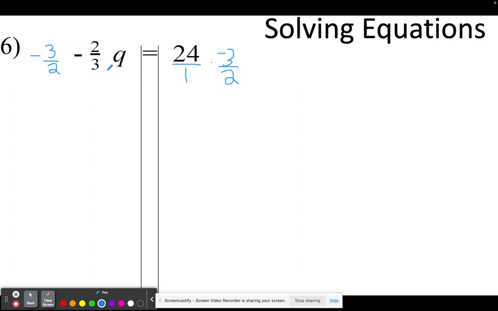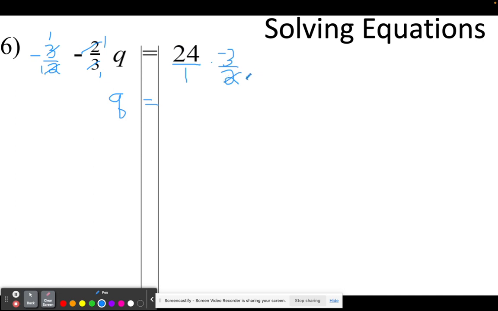Again, negative times negative will give me a positive. My 2's will cancel out. When I simplify, my 3's will also cancel to a 1. So I have a negative 1 times negative 1. That just gives me 1q equals, now simplify over here, 2 and 24.